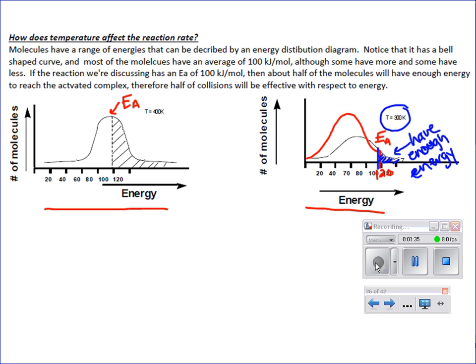You can see that when the temperature then increases to 400, the entire curve shifts and more molecules have enough energy. So all this is showing is that when temperature changes, your activation energy is the same, but more molecules are capable of reacting because they have met the requirement of having enough energy, which is the activation energy. So this is just a pictorial representation of that.